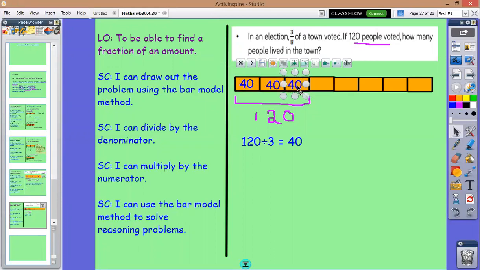Now, if you're really clever and you can work it out quicker, we know that 40 equals 1/8, so how many people were there altogether in the town? So 40 is in all of the 8 boxes. There's 8 boxes of 40.